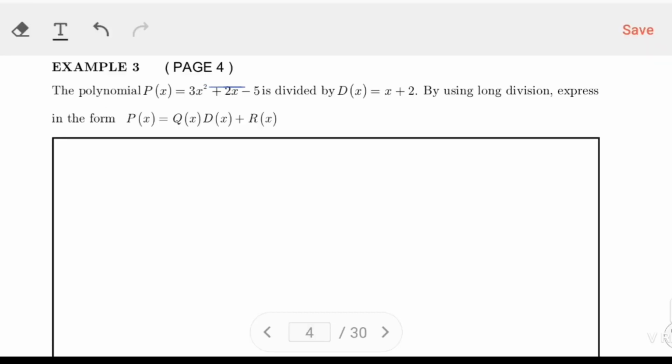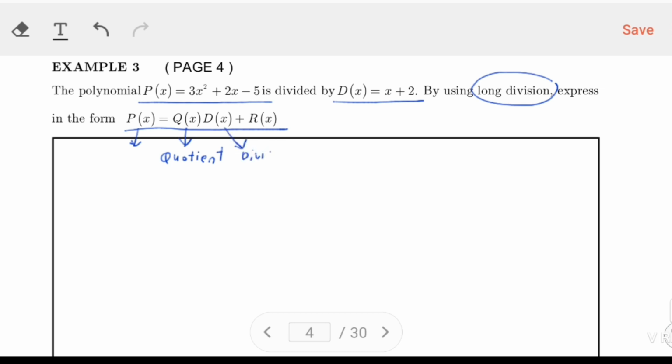Example 3 on page 4. The polynomial px equals 3x squared plus 2x minus 5 is divided by dx equals x plus 2 by using long division, expressed in the form of px equals qx dx plus rx. So px is the polynomial, qx is the quotient, dx is the divisor, and rx is the remainder.